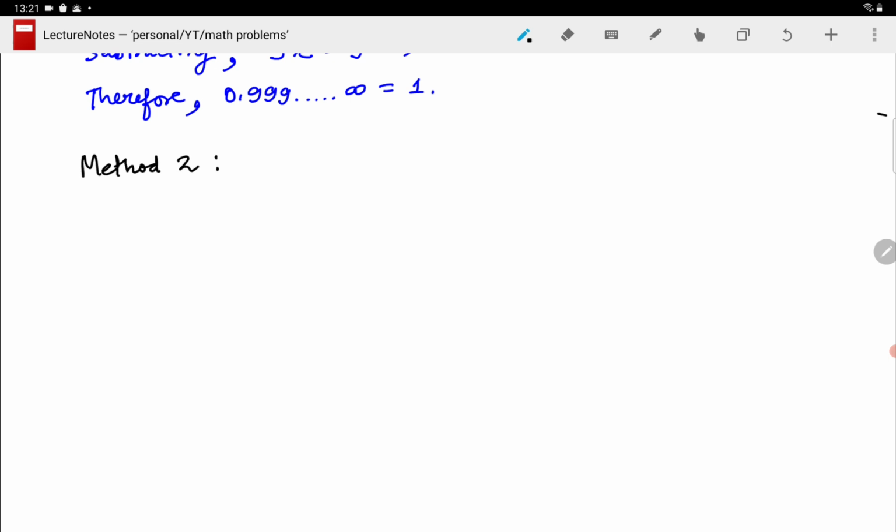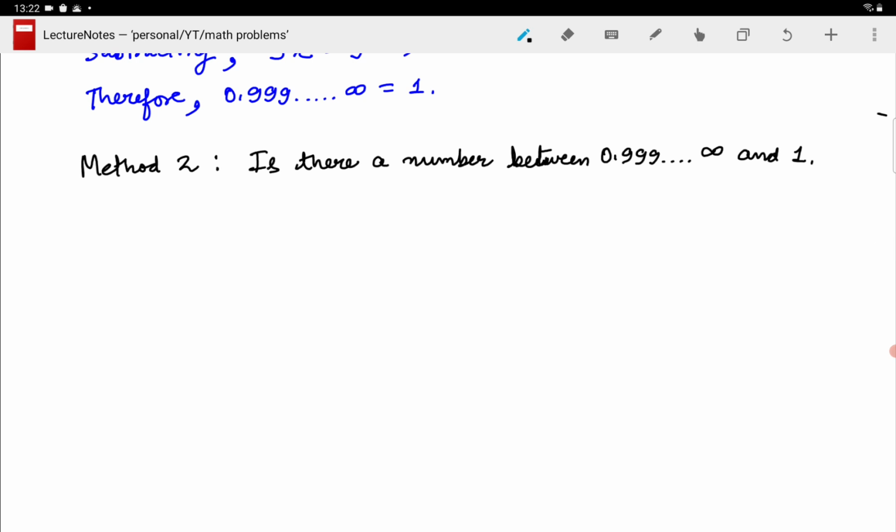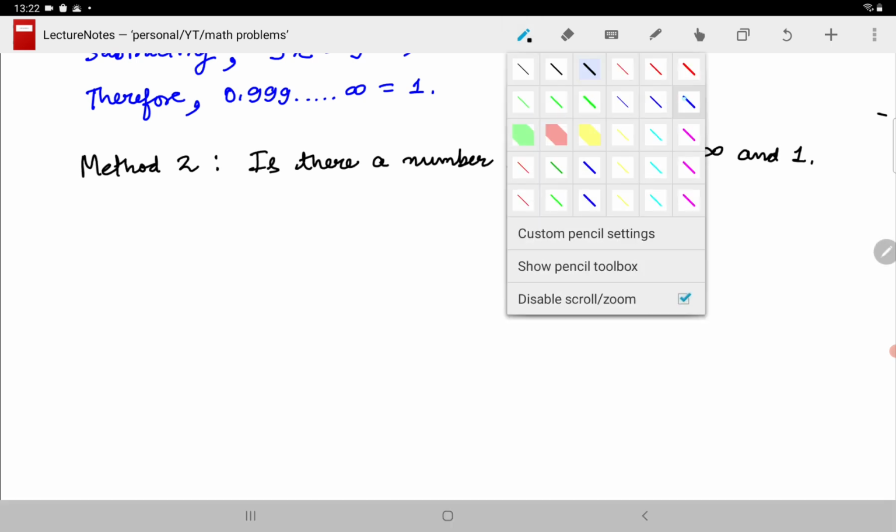In this approach, we ask if there is a number between 0.999 with infinite nines and 1. So if 0.999 extended to infinity and 1 are different numbers, then there must be some positive distance between them. Let's look at some examples.